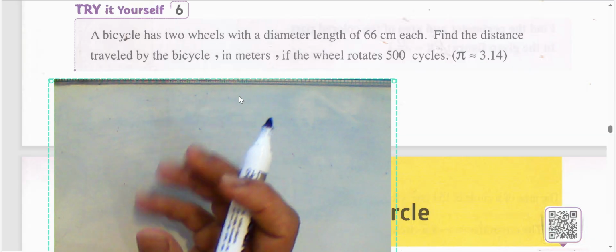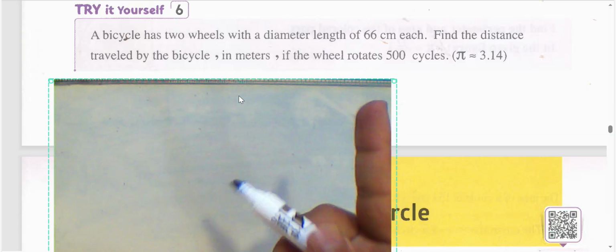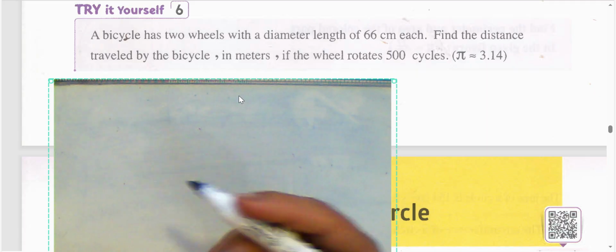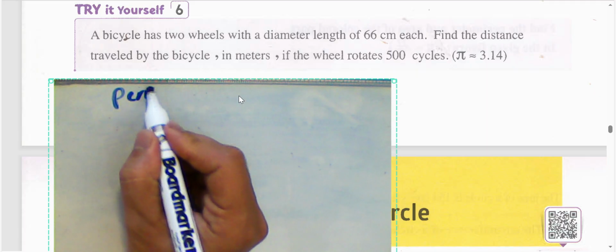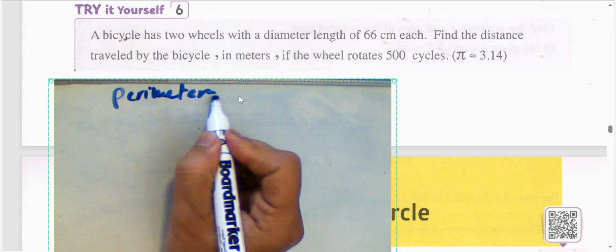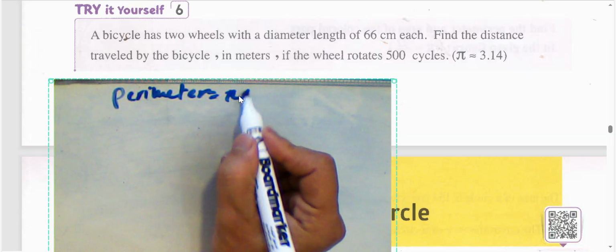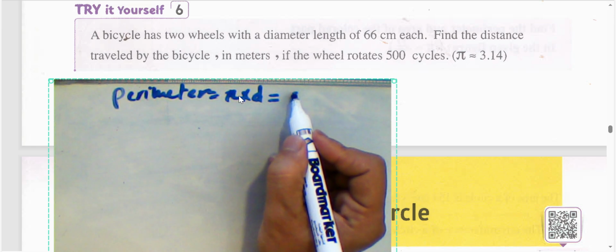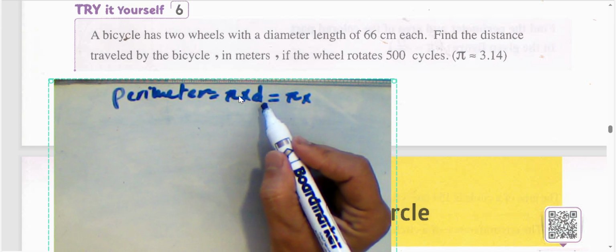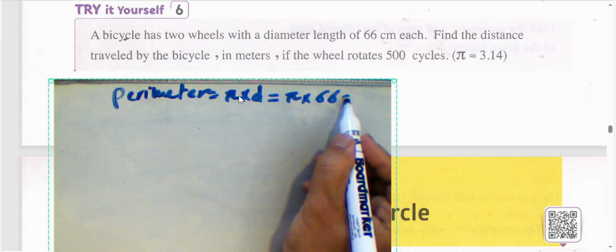You want to find the distance traveled. We can find the perimeter times the number of rotation. Rotation 500. 500 times perimeter. Then first step we can find the perimeter. Perimeter equal pi times d. By using calculator, pi times d, here diameter was 66.